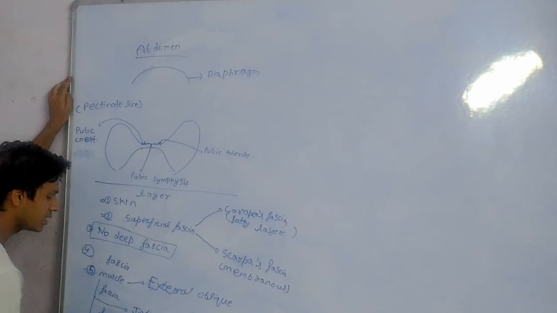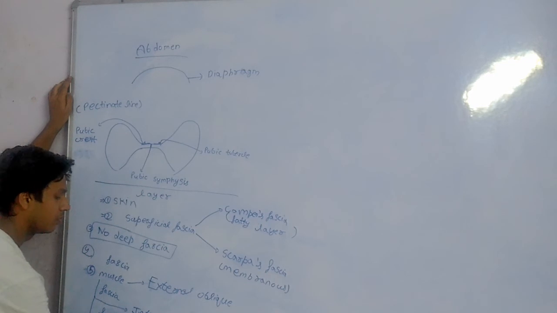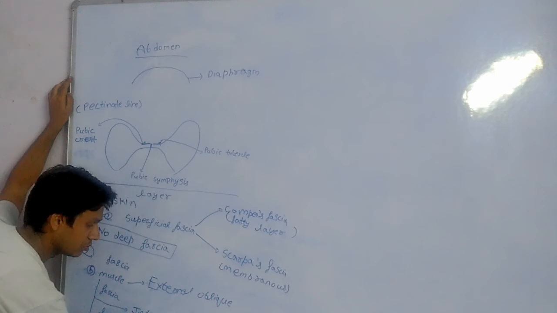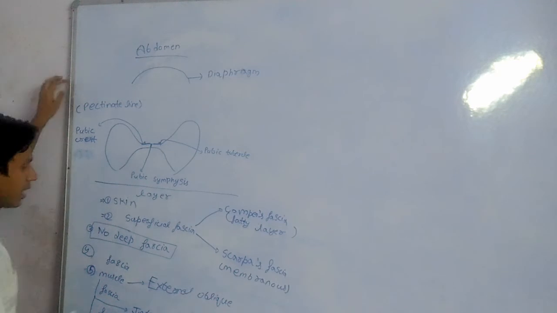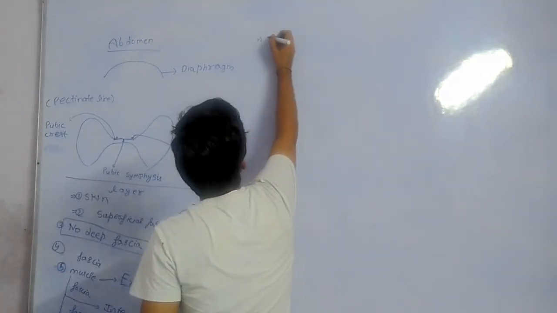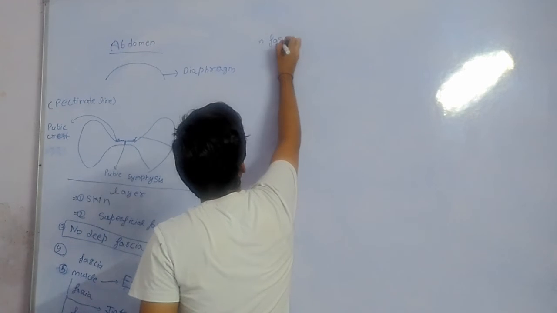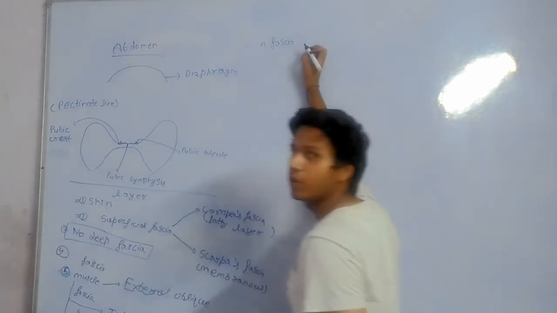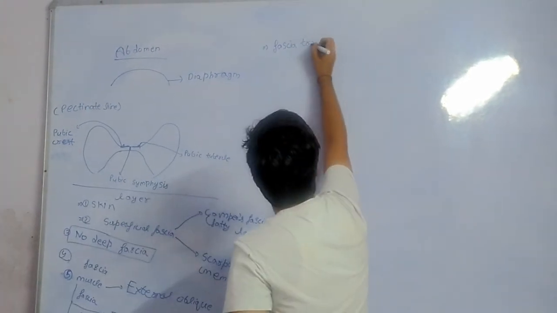The third muscle is called transverse abdominis. Then again a developed fascia is present. This is called fascia transversalis. This is much developed fascia.